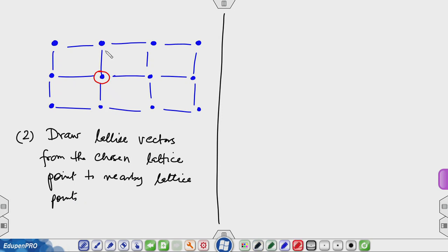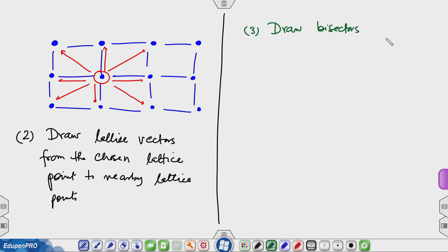So, I am going to make these lattice vectors. Step number 3, draw bisectors. So, line in 2D and plane in 3D of these vectors.